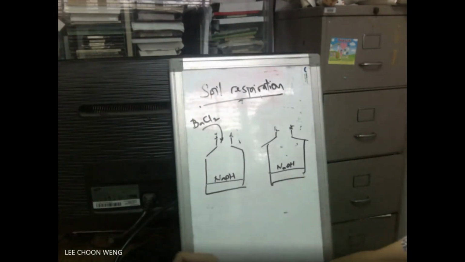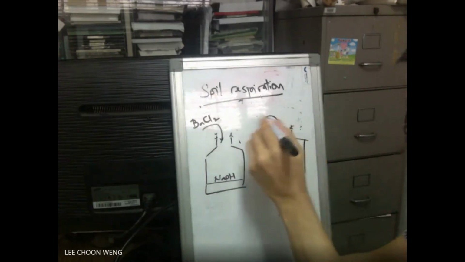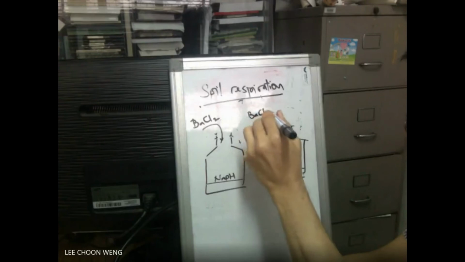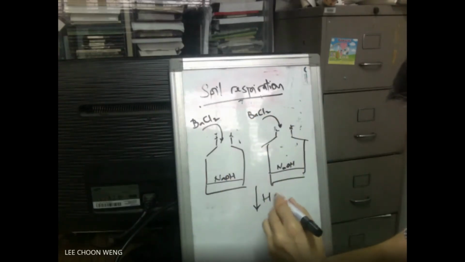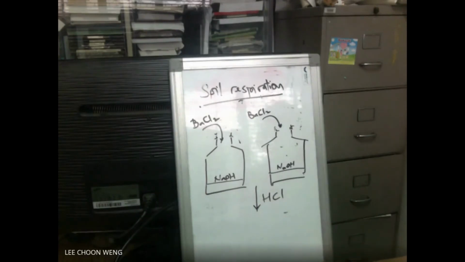Okay, immediately add barium chloride. Swirl well for both, and then you titrate with HCl.